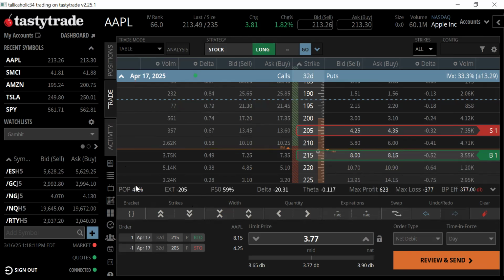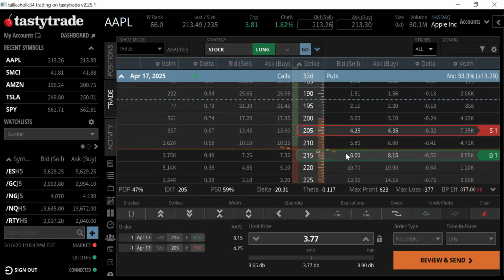Your probability of profit did increase and your delta decreased as well, but your theta also went in your favor overall, because you do not want negative theta really, because each day it's going to eat at you unless you're selling something, right? Unless you have a credit spread or you're selling some sort of option. That's the only reason that you would want positive theta. If you're purchasing anything, you do not want negative theta because that's only working against you. So here you have basically theta of 0. Our delta obviously went down, but our probability of profit actually increased here.